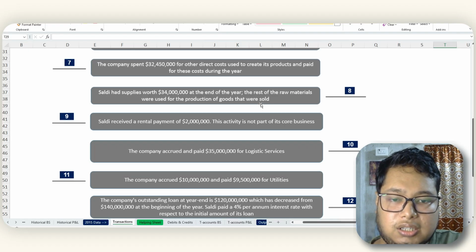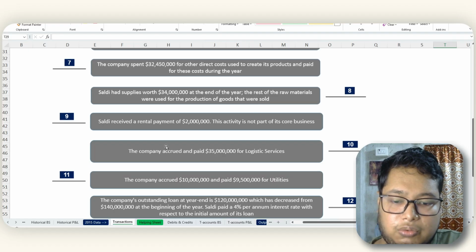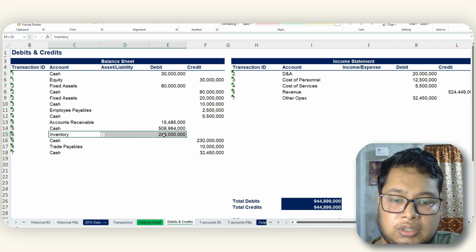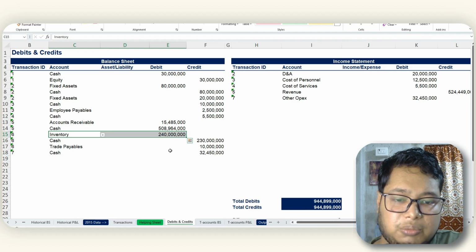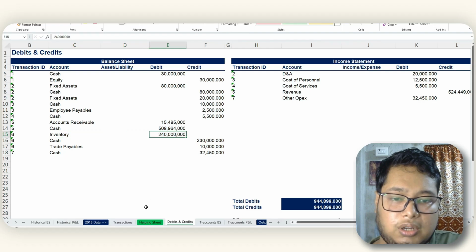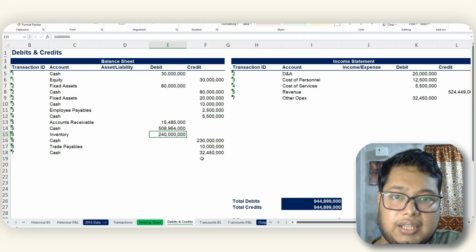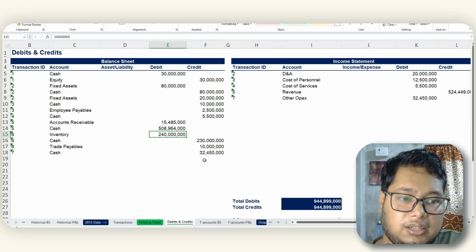But there is a tricky thing here. What is that? In the debits and credits we have bought some inventory, right? This much inventory we have bought, but we cannot simply subtract this value from that value and get the inventory we have sold, which is the same as COGS, the cost of goods sold.